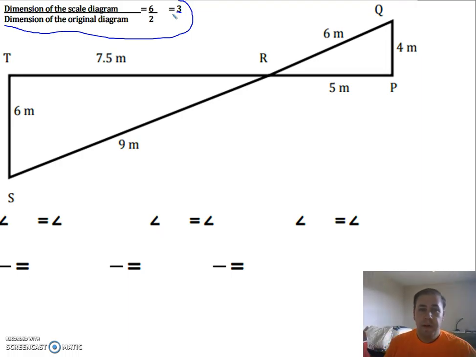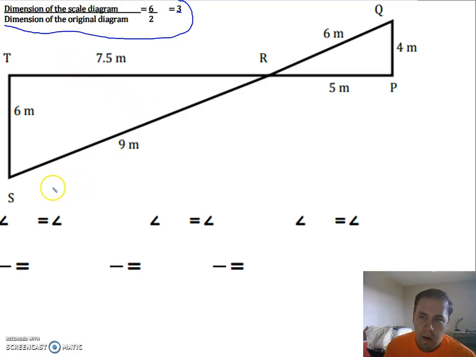So 6 divided by 2, the new divided by the original, would be our scale factor. Well, how can we tell what our original one is? Well, let's think about our alphabet. So P, Q, R, that would be the first triangle, and then R, S, T would be our second triangle.